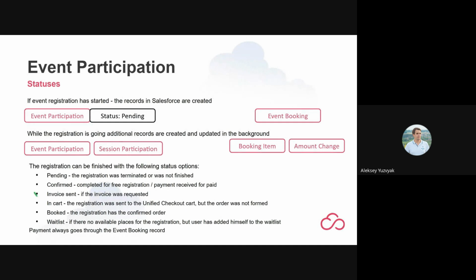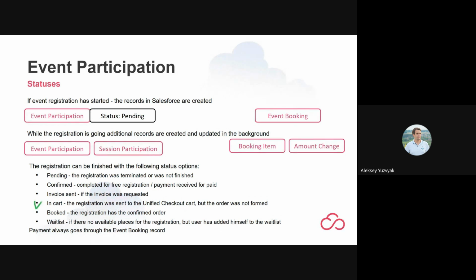Invoice sent. It's clear: the invoice was requested, but not paid yet. We will keep this participant with invoice sent status, and later some clients are handling it manually. Some clients automate it and check these payments in an automatic way.